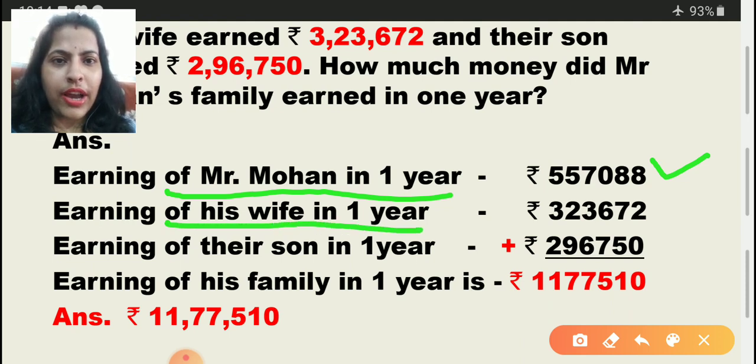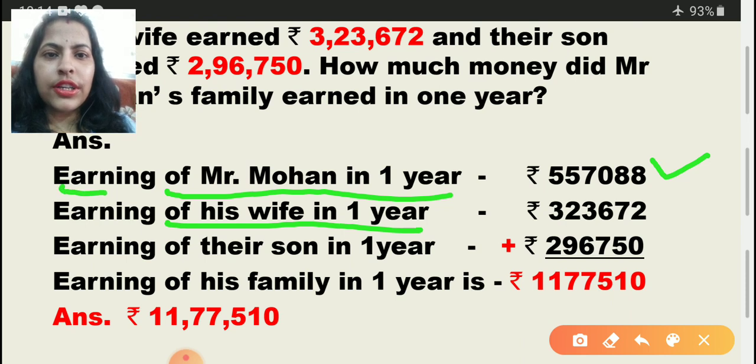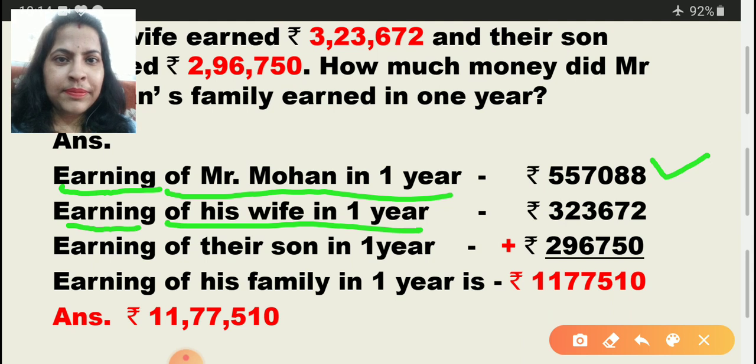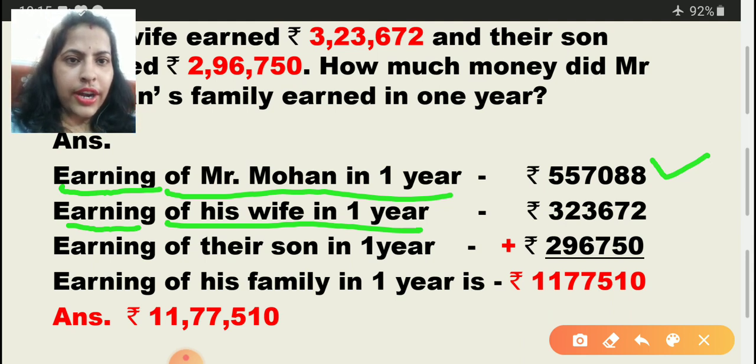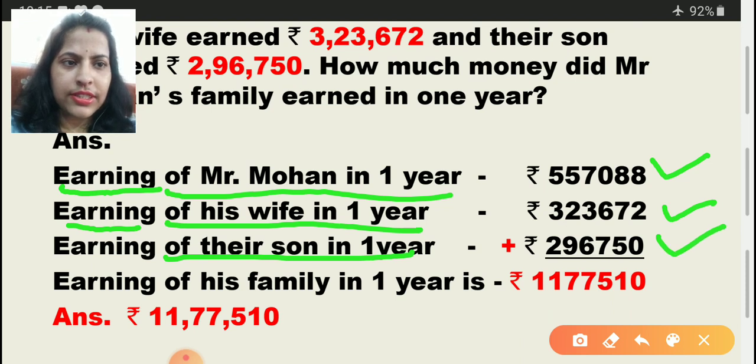See, you have to keep in your mind that in this question, earning is given. So you have to use this word earning every time in all the sentences. Earning of Mr. Mohan in 1 year, earning of his wife in 1 year, earning of their son in 1 year. I have written all these three in a proper column.